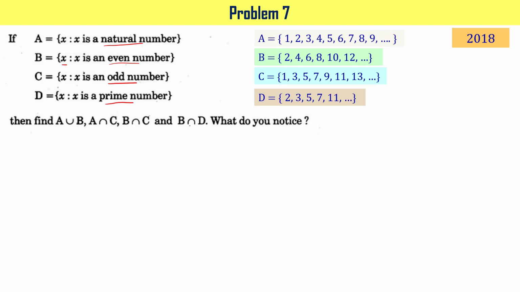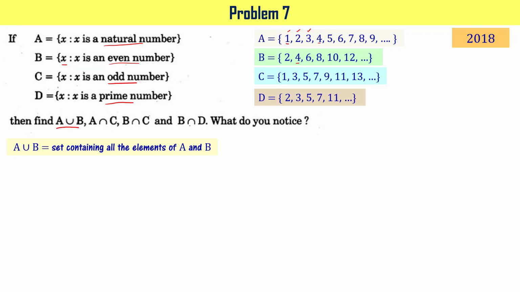First find A union B. We know that A union B is the set containing all the elements of A and B. It means we have to take elements of A and elements of B. If you see here, 1 is present in A, but that is not there in B, so we can include 1. When it comes to 2, that is present in both the sets, that's why we can include only once. 3 is present only in A, whereas 4 is present in A and B, right?